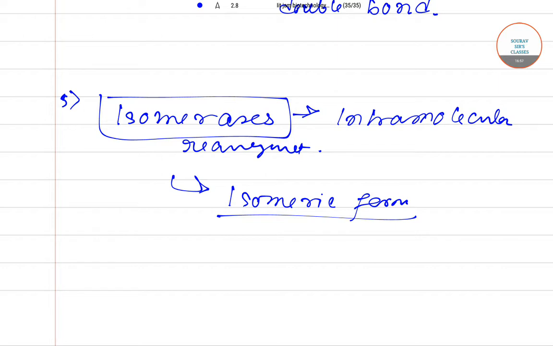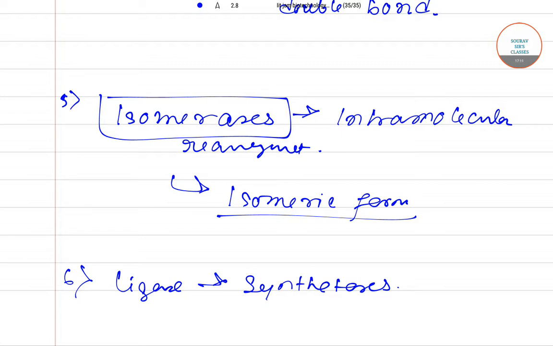The last one is ligases. The sixth one is ligases, also called synthetases. This is the enzyme that catalyzes the formation of a bond between two compounds.